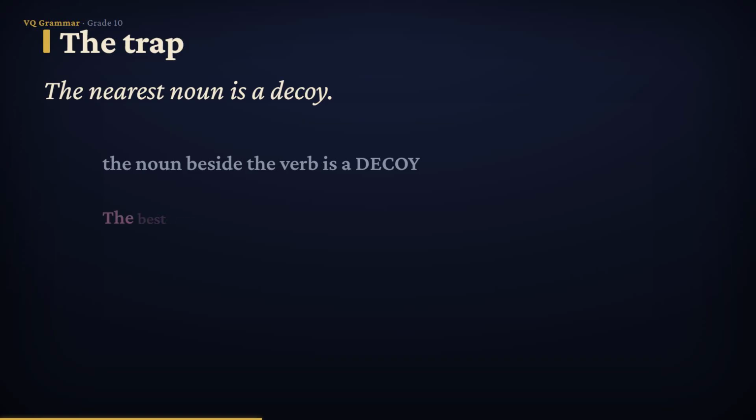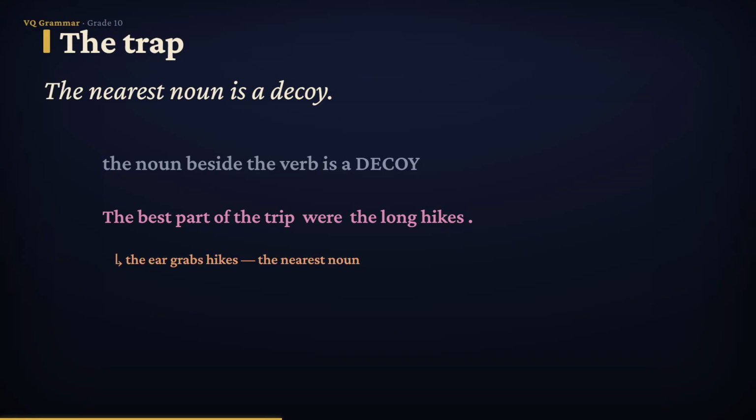Let me show you the mistake in the wild, because it is everywhere. Someone writes, the best part of the trip were the long hikes. Say it out loud. It almost sounds right, doesn't it? That is the trap. The word hikes is plural, and it is standing right next to the verb, so the ear gets pulled toward it and picks were. But hikes is not the subject.